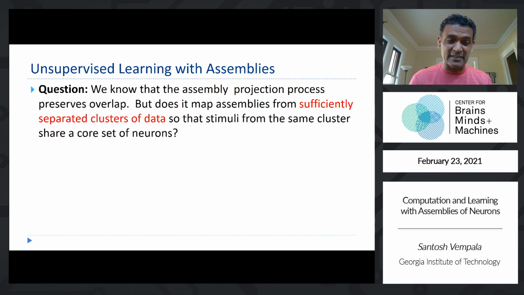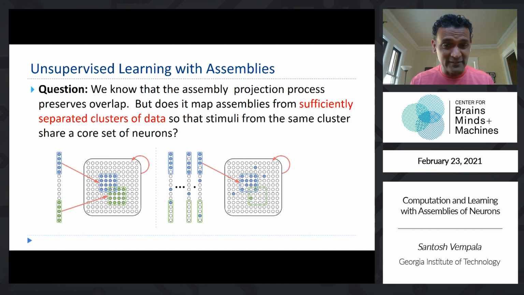So it's actually generalizing. It's saying all of these are really one assembly. All of these are really one assembly. So no matter which one of them you actually see, it's the same assembly that lights up. So it doesn't matter which apple you see, you get one assembly firing. It's Fuji or Gala or whatever, Washington. Okay, so that would be nice.